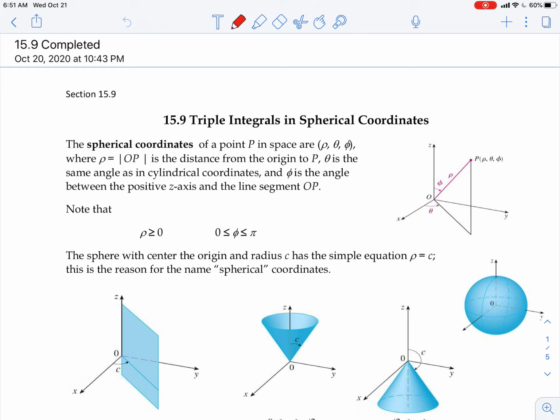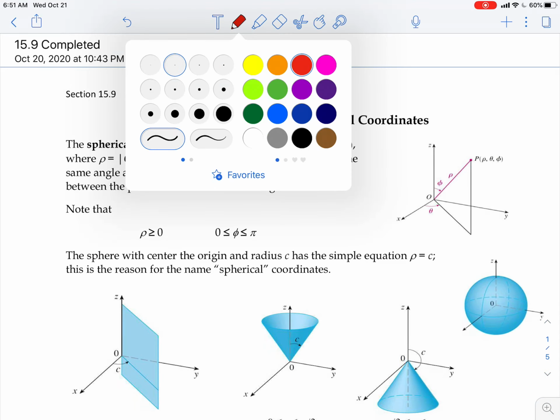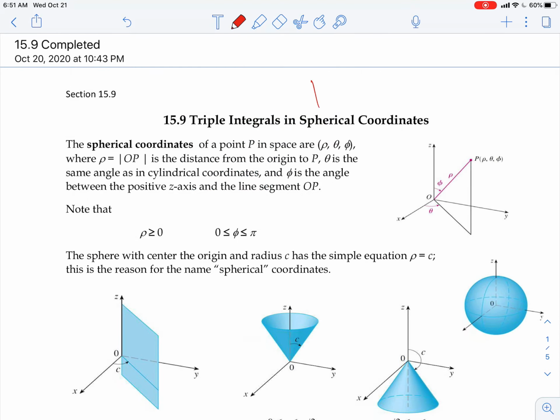Most of this section, when we're trying to find the volume, a lot of the shapes are going to be a region where you have a cone inside of a sphere. They look like ice cream cones.